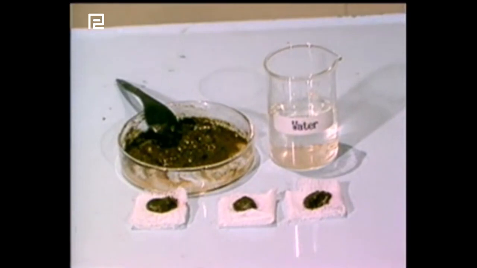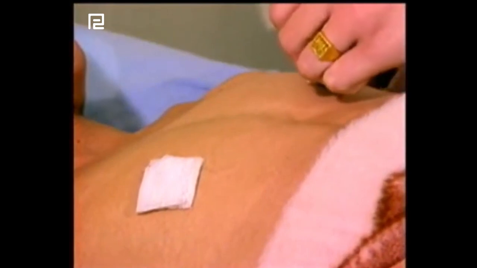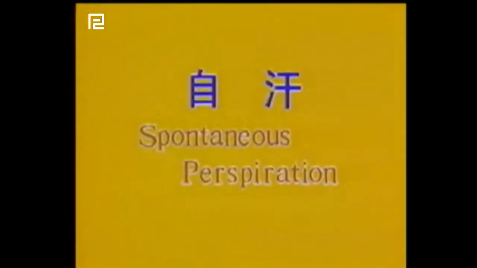Mix with cold water until paste-like and make into a medicine cake of 2 centimeters in diameter. Apply to 乳中 and allow to remain for 12 hours. Repeat once every 3 days. 5 times is a course of treatment.